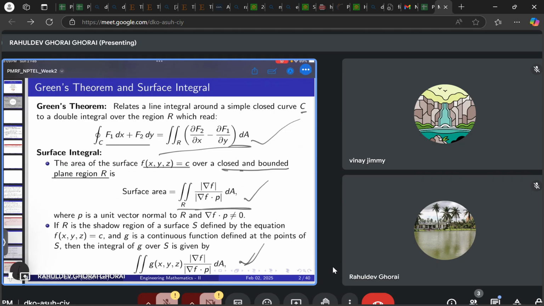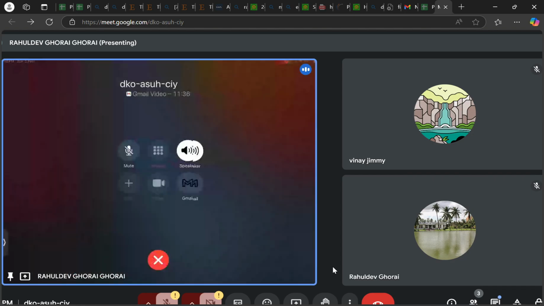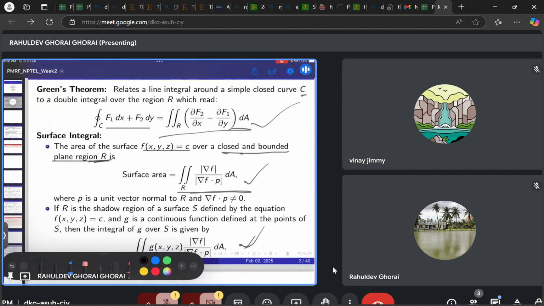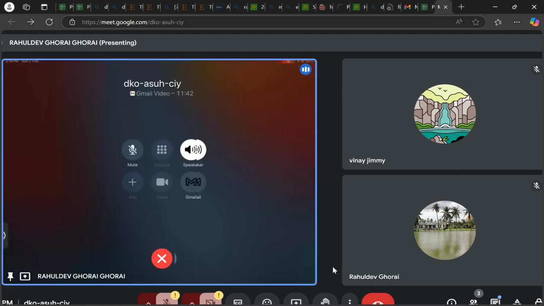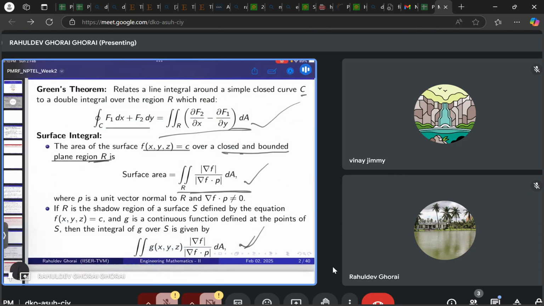Sorry, it is the surface area, but over the plane region. This is one of the important formulas.